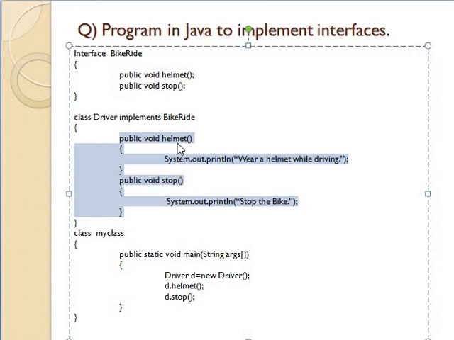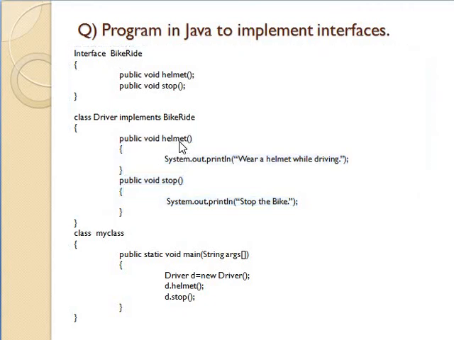Once helmet and stop have been created inside the class driver with their body part, these methods will override the methods inside the interface. The same methods helmet and stop declared inside the class driver will now override the methods helmet and stop declared inside the interface bike ride.